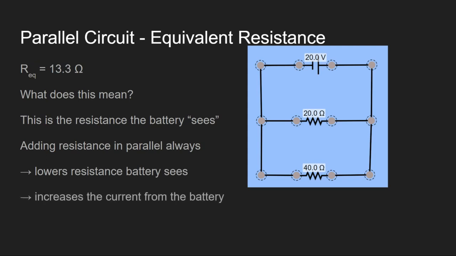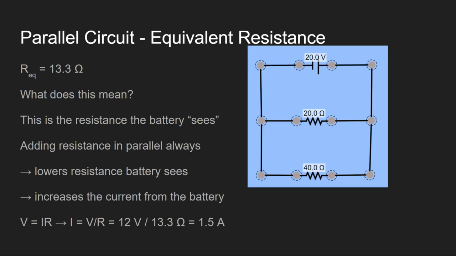And so the current goes up. And this is always the case in a parallel circuit. Whereas in a series circuit, whenever you add something in series, the resistance always goes up and the current always goes down because it has to go through all of that resistance. Whereas here, electrons have two ways to go. And so they take advantage of that.